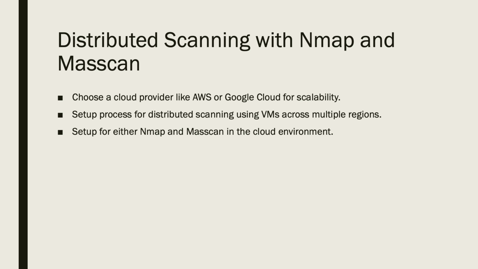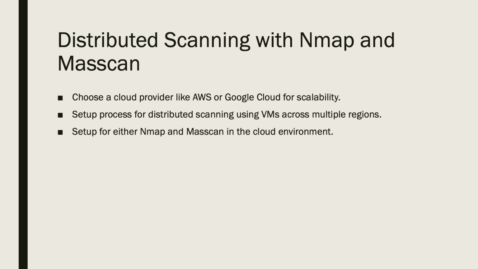Nmap and MassScan, you can use in pretty much any environment. So learning how to do this with either one of those tools is probably going to be better for you. Just ensure that you choose a cloud provider that is scalable, right? So AWS or Google is probably a safe bet.